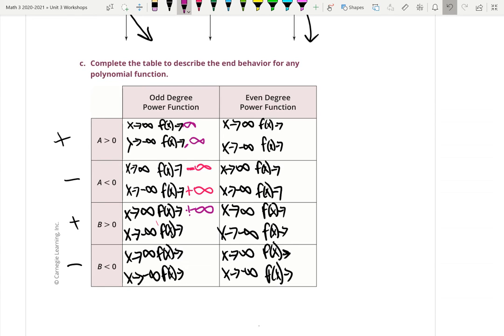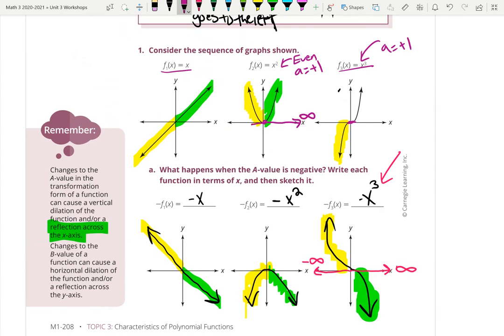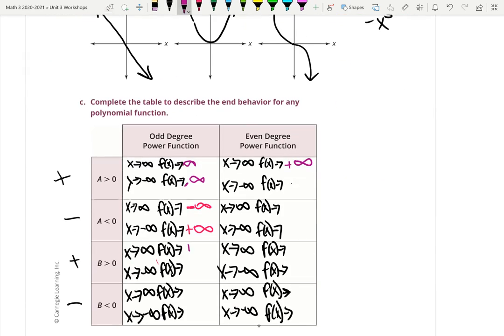Let's look at when a is positive. What happens when I check x going to negative infinity? Notice how it's pointing up. So it's going to go to positive infinity.